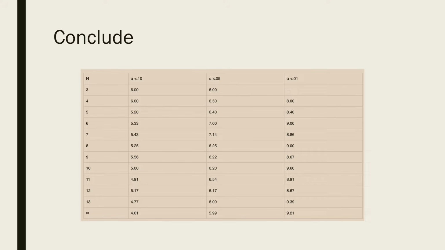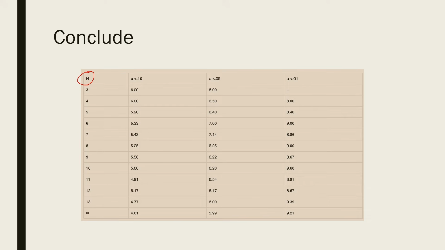Now, our conclusion is dependent on our critical value. So kanina, meron din tayong table of critical values for Kruskal-Wallis. For Friedman test naman, all you need is not the degrees of freedom, but the number of patients or the number of members or samples present in the group.